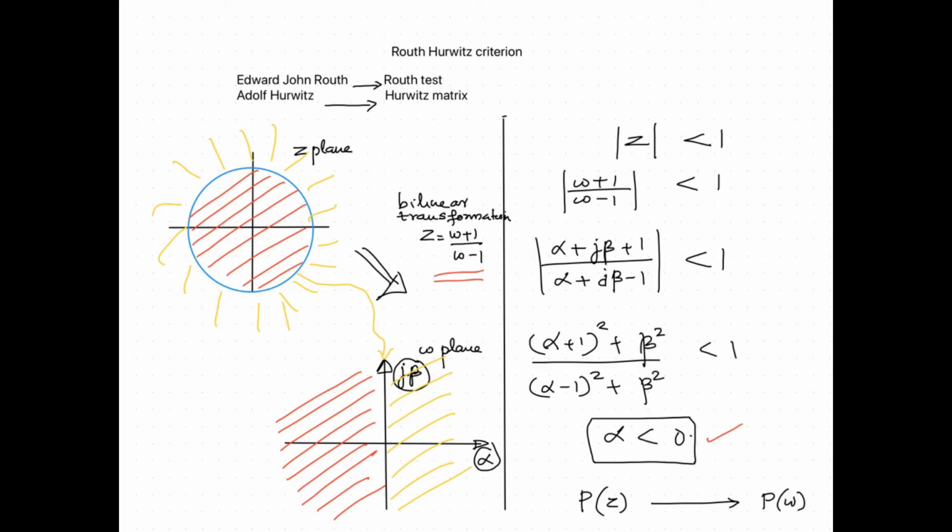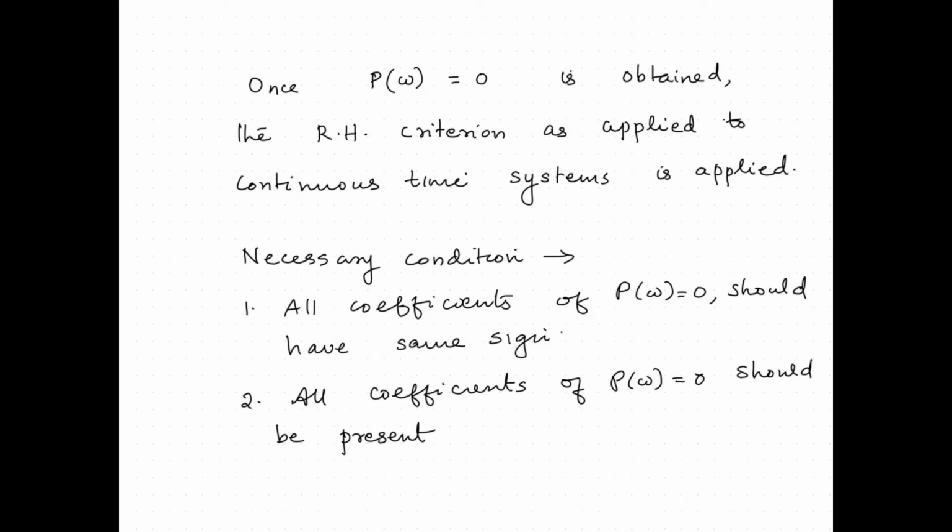Thus, by the bilinear transformation, we have P of Z transformed to P of W. Once P of W equal to 0 is obtained, the Routh Hurwitz criterion as applied to continuous time systems is applied here. The necessary conditions are that all the coefficients of P of W equal to 0 should have the same sign, and also all the coefficients of P of W equal to 0 should be present.